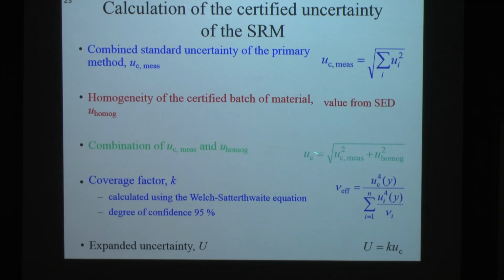And the degrees of freedom comes out of this equation here, coming from the combined standard uncertainty and the sum of those component uncertainties which have a specified number of degrees of freedom. Then if you know K and you know the combined standard uncertainty, you get the expanded uncertainty. This is what typically goes on the certificate.